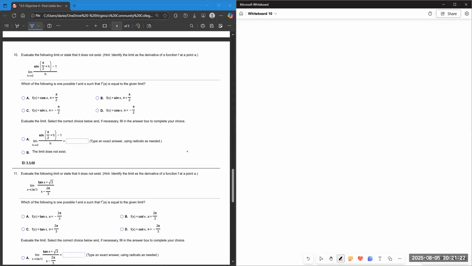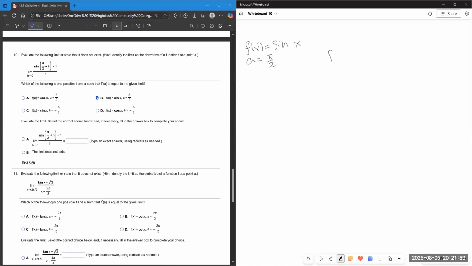The easy way for number 10 is to say that f of x is equal to sine of x, and that your a is equal to pi over 2. They changed the definition a little bit because they're using f of a plus h minus f of a over h, which does the same thing.